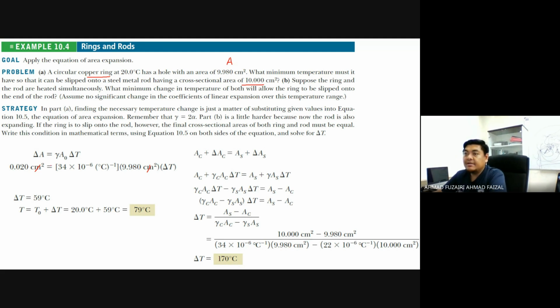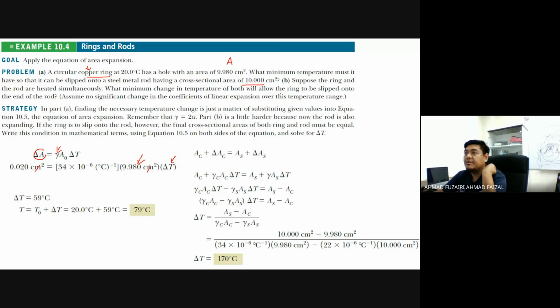So in the end, we need to find this delta A, which is the cross-sectional area, meaning 10 minus 9.98, so that is the change of A. And the gamma is given for the copper, the area coefficient, which is 2 times alpha, this one, as the gamma, which is 34 times 10 to the power of negative 6, times the original area, and times delta T. The delta T here was calculated as 59 degrees Celsius, based on the terms.